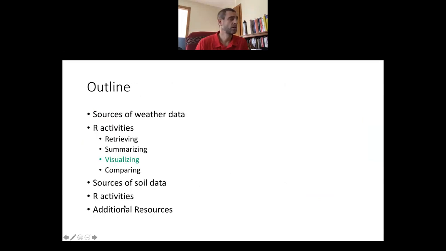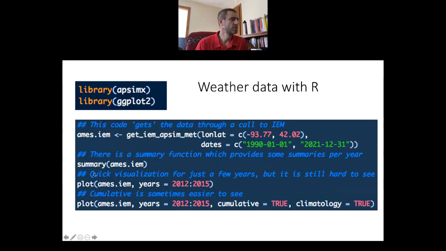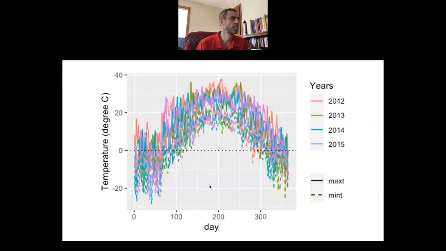For visualizing, the code I was just showing you has a few options for plotting. This first line plots the object of class met for these particular years. I'm just going to look at a few years, 2012 to 2015, which is going to be easier to visualize.